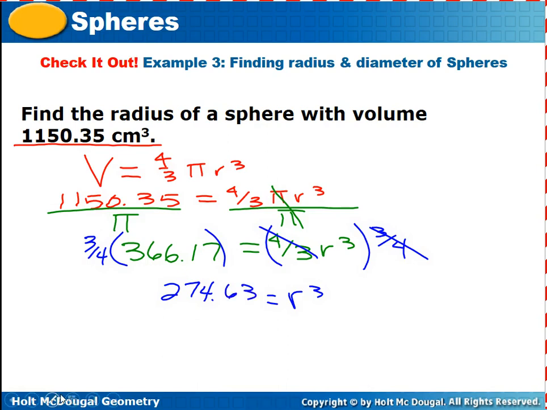If you recall, the way we get rid of that third power over here is we got to multiply it by 1/3, which means we have to do this to the 1/3 power over here on the left. When we do that, we get 6.5. So r is equal to 6.5. Now if it asked me for the diameter, I'd multiply that by 2, and that would mean our diameter would be 13.